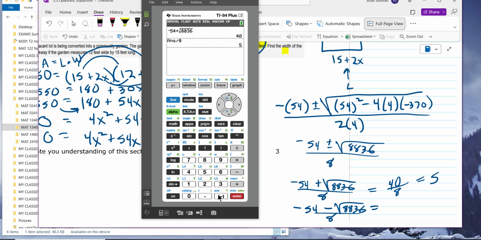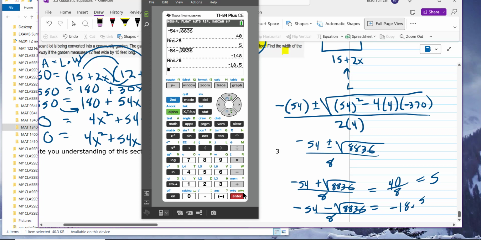I can do the other answer. Can you guys see that the other answer will be negative in your head? I guess some of you can, some of you may not be able to see that, but what will happen if you do the other one? You'll get this, divide that by 8, you'll get a negative answer. So you get negative 18.5.